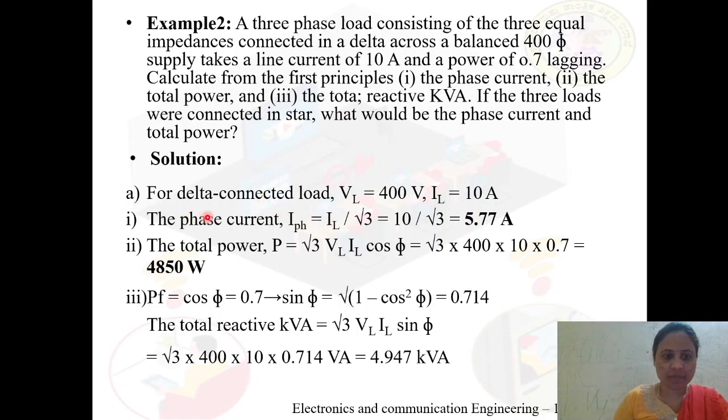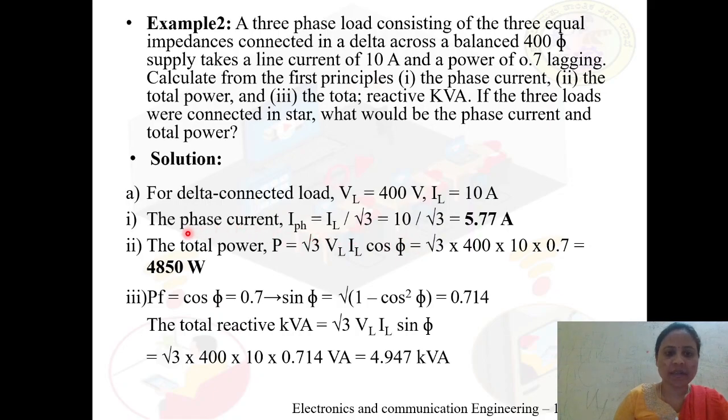and the same thing should be repeated for the star connected. So for the delta connected system, we know the relationship between phase and line parameters: VL is equal to VP, and IL is root 3 times IP. So voltages are the same, but IL is root 3 times IP.